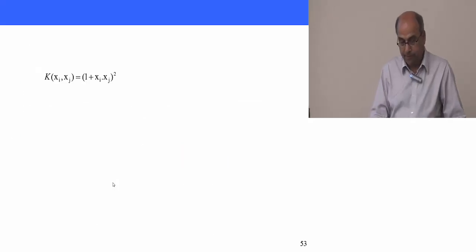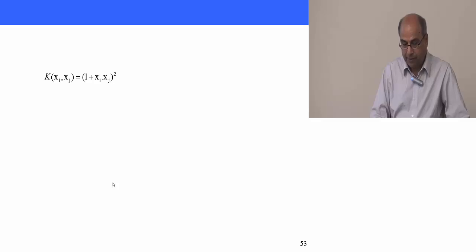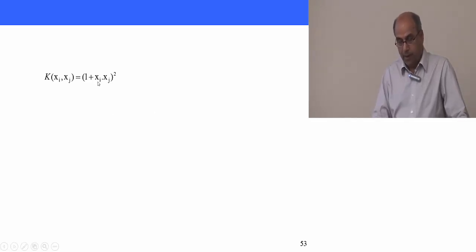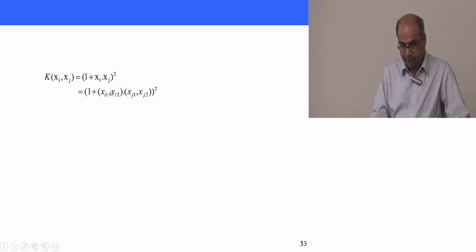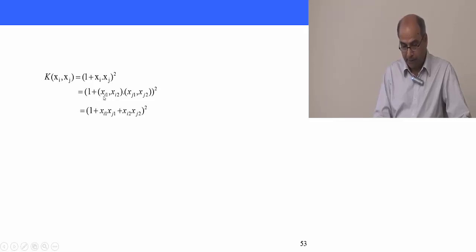So this is our kernel: we take xi and xj, find the dot product, add 1 and square it. Let's expand this. This is a vector, and this is also a two-dimensional vector as we saw. So we have to find the dot product of these two: xi1 xj1 for the first element, and xi2 xj2 for the second element.